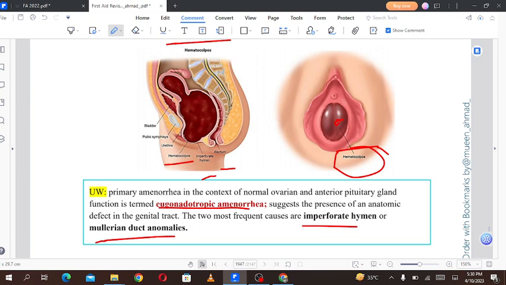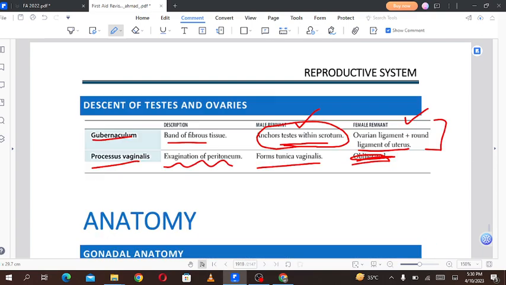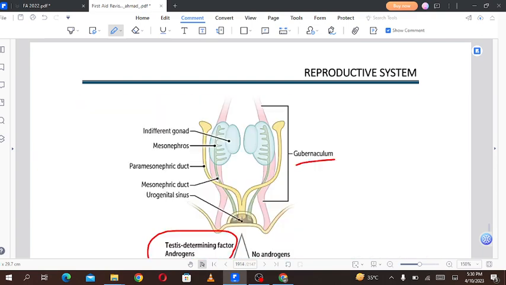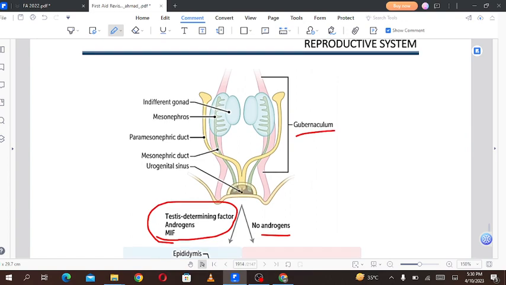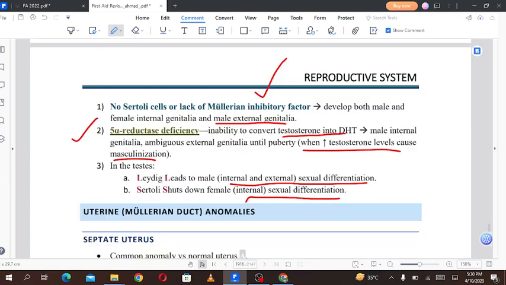The Mullerian duct anomalies were those which we discussed, like the didelphys uterus, the bicornuate uterus and so on. Those were the defects of the Mullerian duct. These are the uterine Mullerian anomalies.